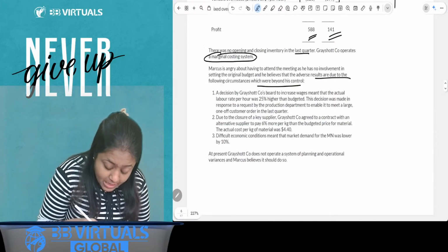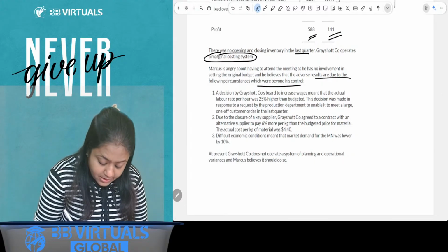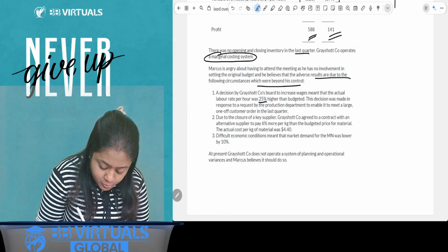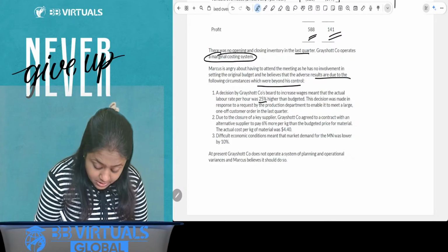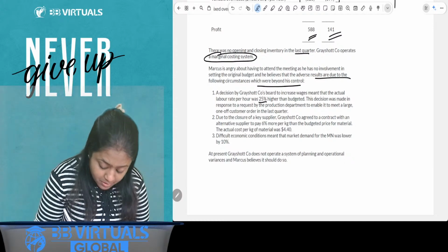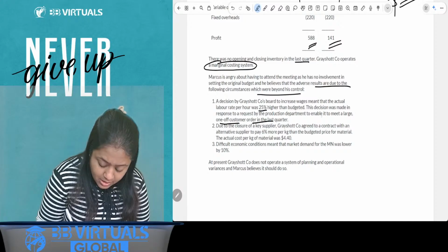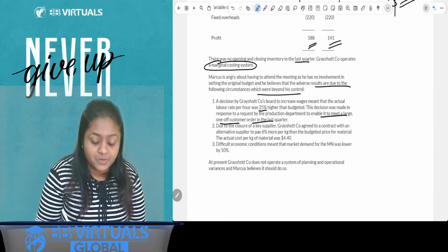Now look here. A decision by Grey Shot Company's board to increase wages meant that the actual labor rate per hour was 25% higher than budgeted. This decision was made in response to a request by the production department to meet a large one-off customer order in the last quarter. So the wage rates were increased.